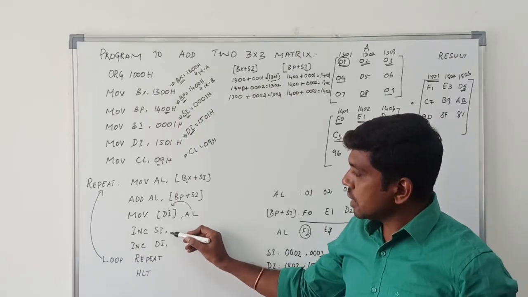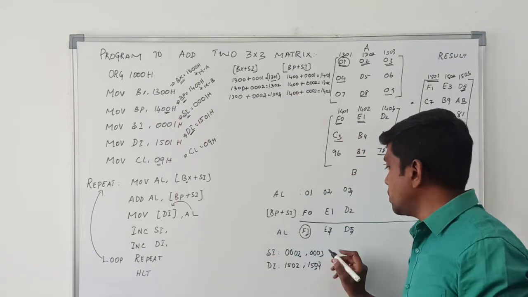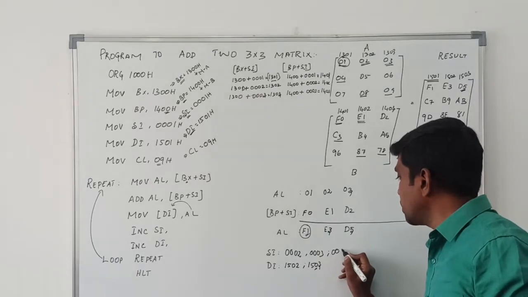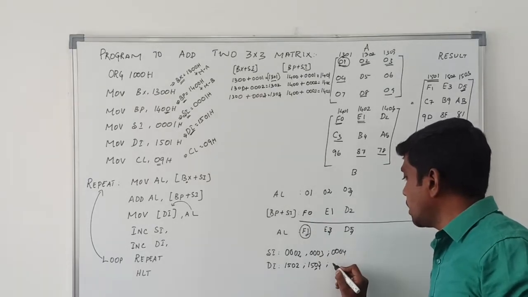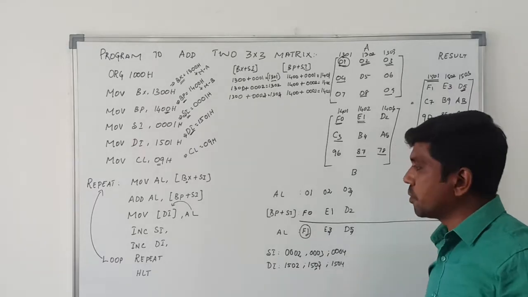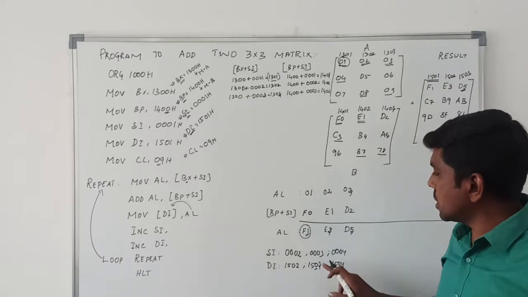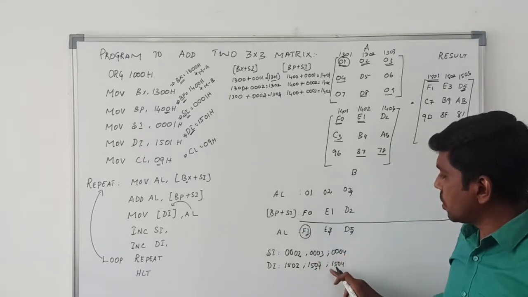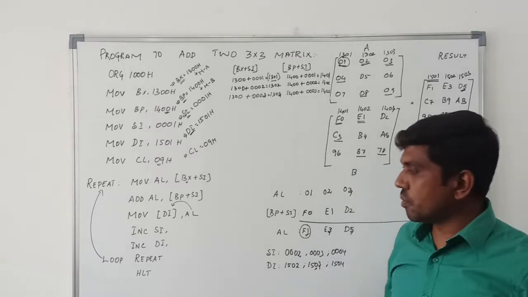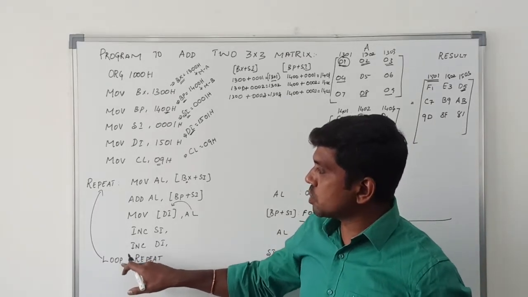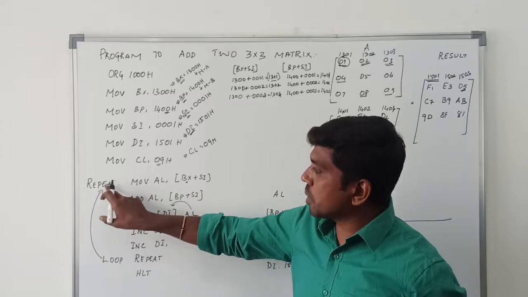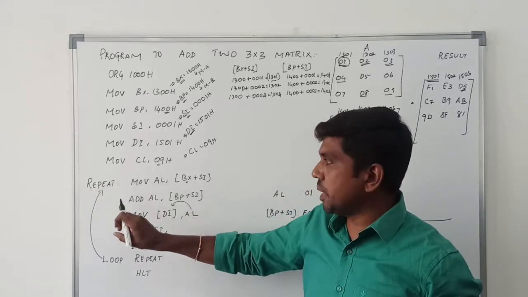So once again, you increment the SI and DI values. So after the execution of these two instructions, SI value is 0004 and DI value is 1504. So once again this loop operates. Again the program counter points to the repeat label.